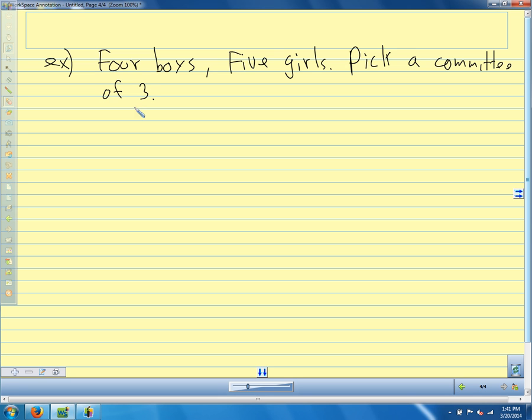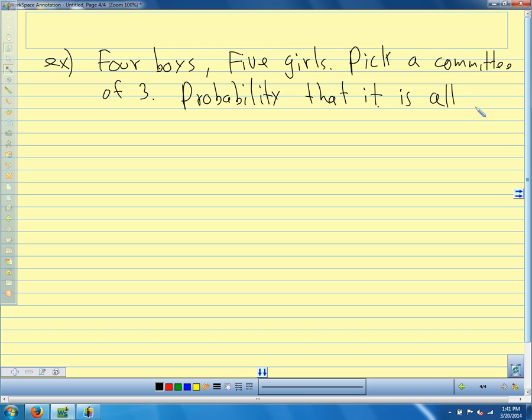And the fact that we're talking about a committee and not a president, a vice president, and a secretary gives us a hint that we're talking about combinations. We're picking a smaller group out of a larger group. The order doesn't matter, so we're talking about combinations here. We want the probability that the committee is all boys.